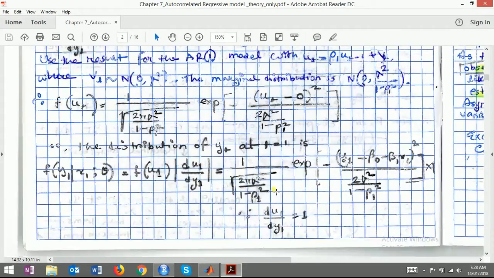Very simple. Now the distribution of y1 at time t equals 1: we are going to go with the change of variable technique.